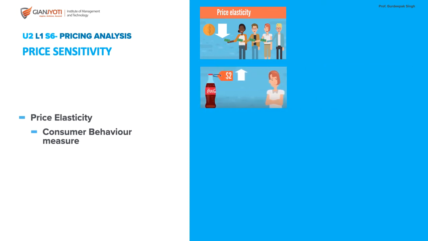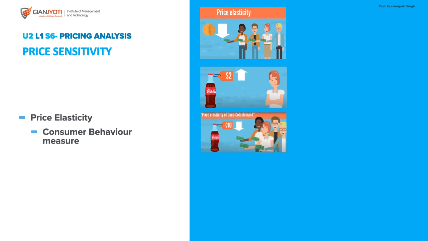Now, for example, Coca-Cola was $1 and it has raised the price to $2. People will think before buying Coca-Cola, so it is very elastic. Not many people will go and buy, or they will keep that decision for some time.